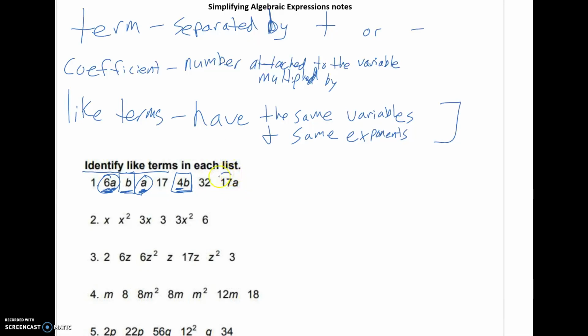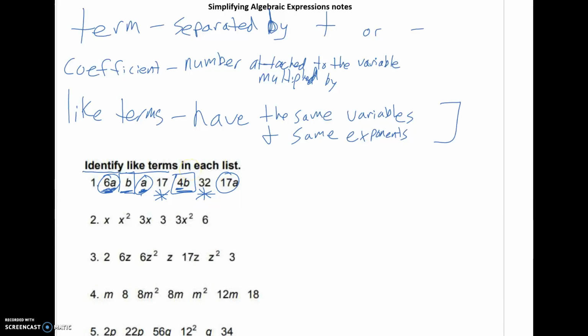Doesn't matter if those are different right now. Worry about the variable and the exponents. And then lastly, we'll just make a little star here, 17 and 32. Both of them don't have a variable, and both of them don't have an exponent, okay? Really, if it doesn't have an exponent, you can think of it as an exponent of 1, but you don't have to worry about that right now, okay?